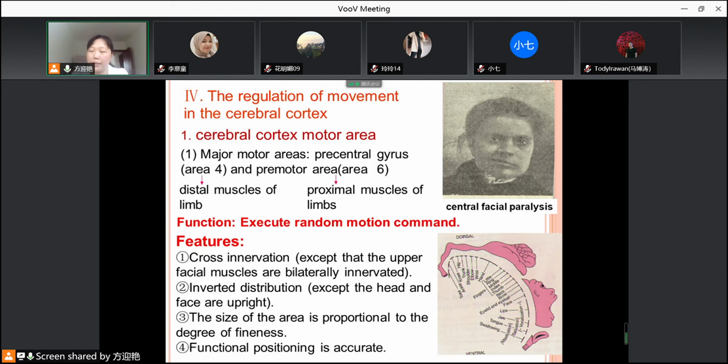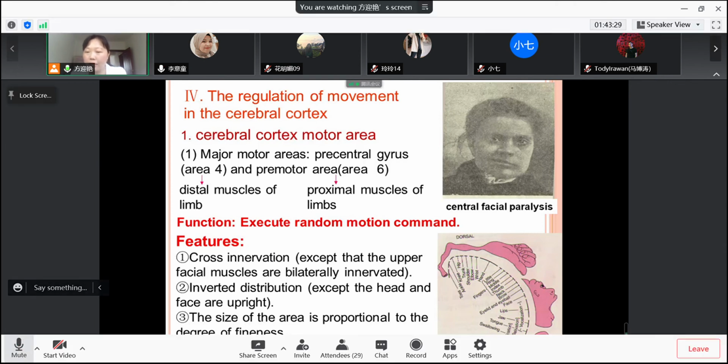So we call this cross innervation. So if the patient's left arm muscles have movement dysfunction, you should think maybe the right motor area of the cerebral cortex is damaged. It means cross innervation.